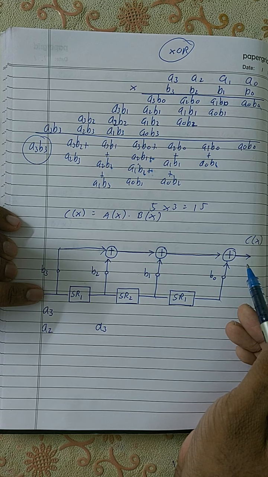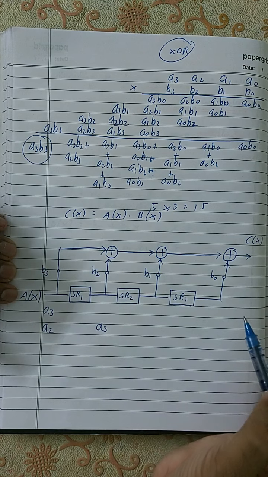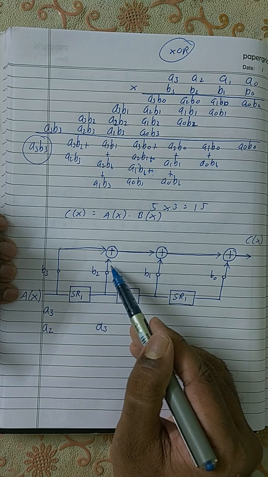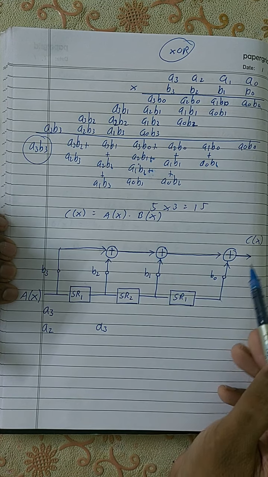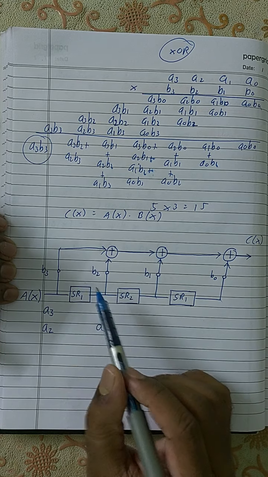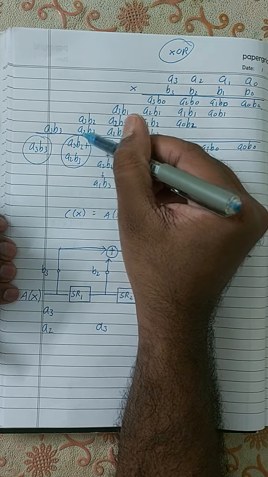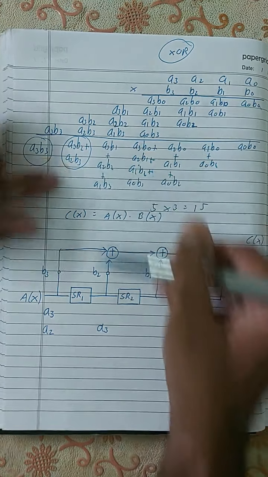Your output value will become A3 B2 plus A2 B3, because here you will get A2 B3, and here you will get A3 B2, plus 0 plus 0 plus 0 plus 0. Therefore, you will get the second highest order coefficient, that is A3 B2 plus A2 B3.